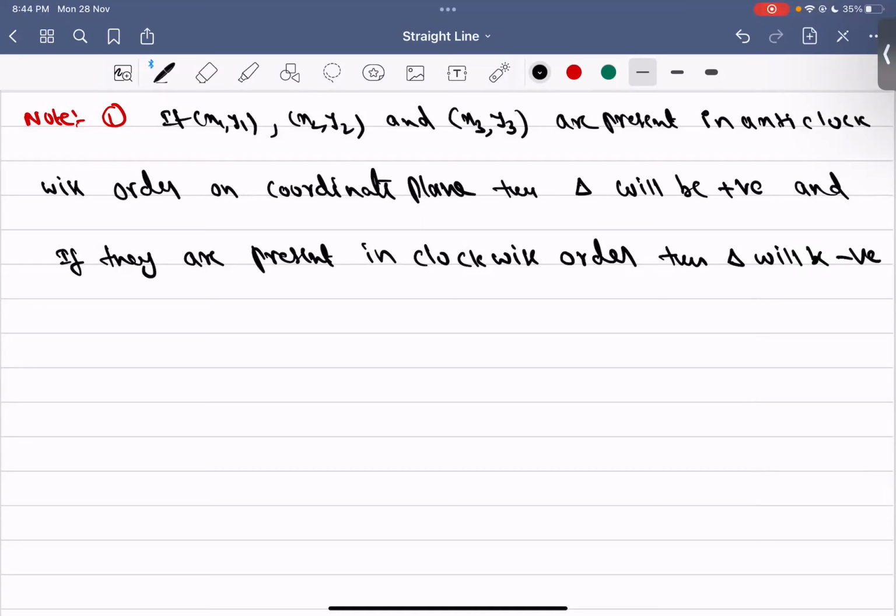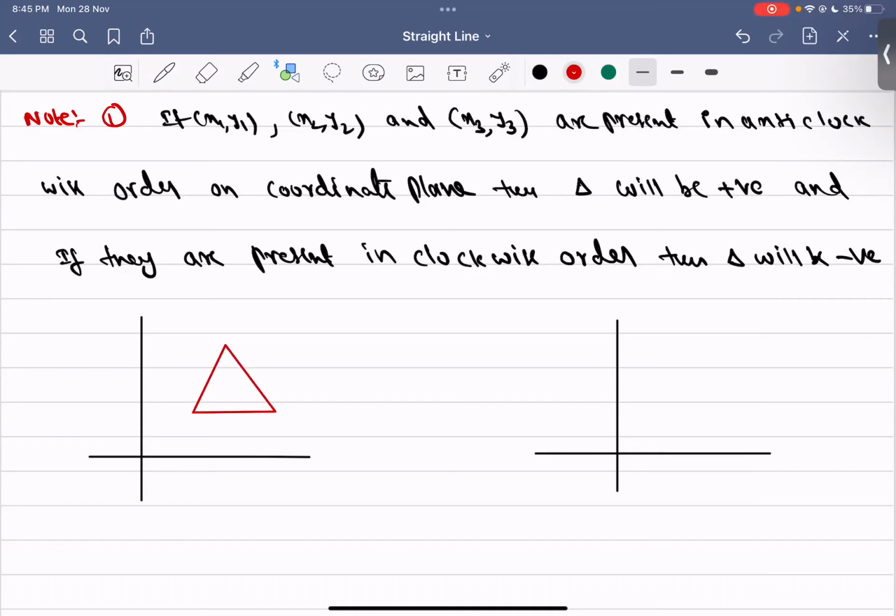That is, suppose this is the triangle ABC. Now suppose the vertices are taken in the anti-clockwise sense, that is A, B, C. If you take the vertices like this, then delta will be what in this case? You get positive.